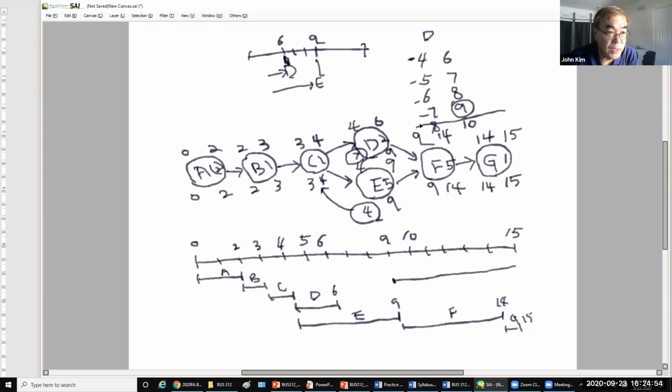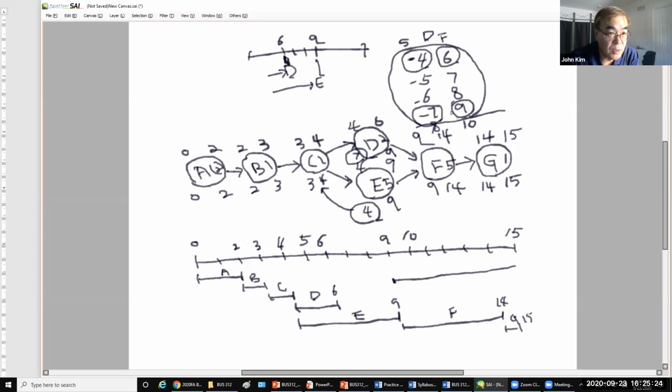So without delaying the entire project, D can start in the 4th, 5th, 6th, or 7th. So there are 4 combinations. This is the start time, and this is the finish time. Among them, this one is the earliest start time and earliest finish time.